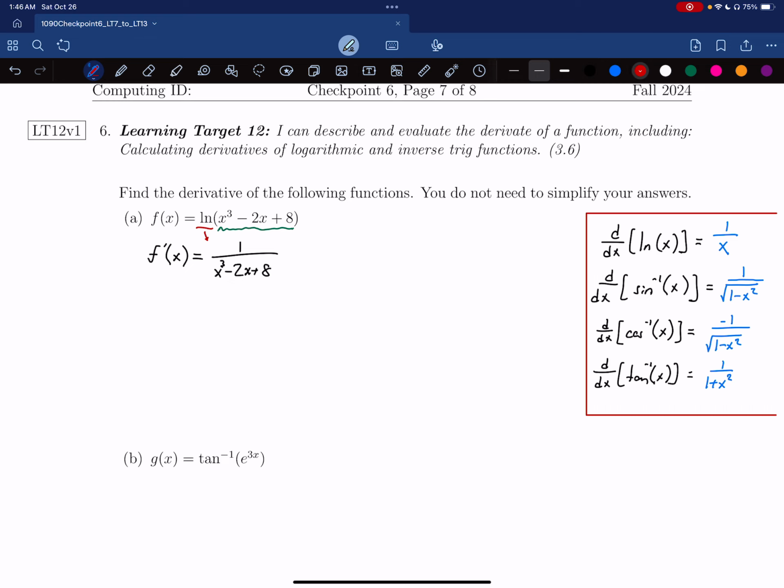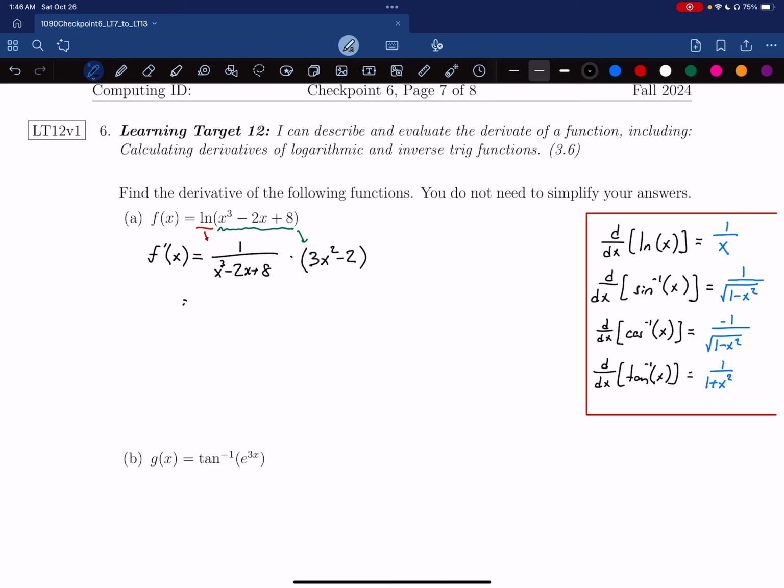But now we need to consider the green part, the derivative of what's inside. So we're going to be multiplying by the derivative of what's inside. So then using the power rule, I apologize, you'll have 3x squared minus 2. And then that is our solution.